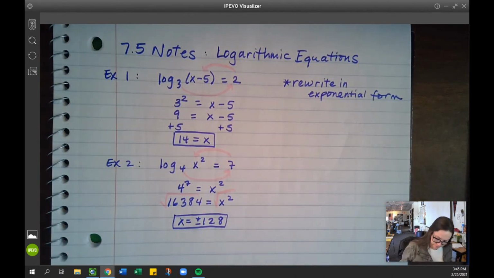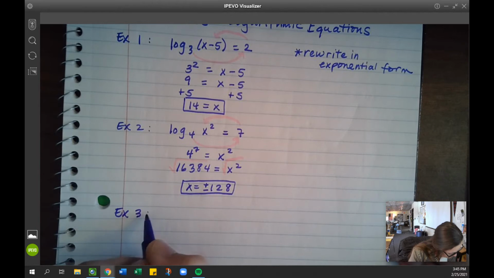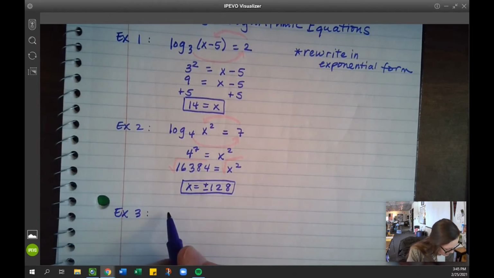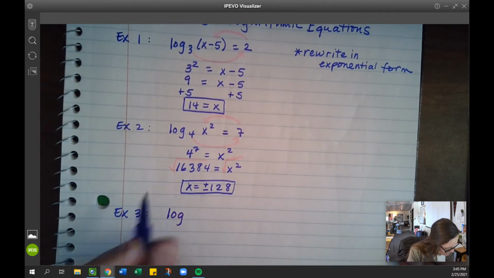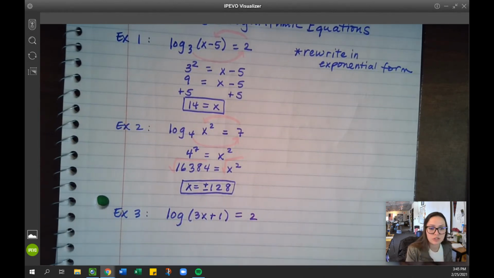All right. Let's try one more here. Let's say I have log of 3x plus 1 equals 2.